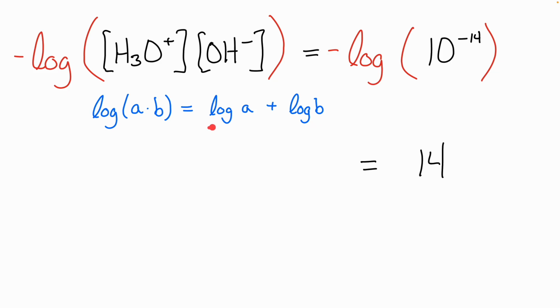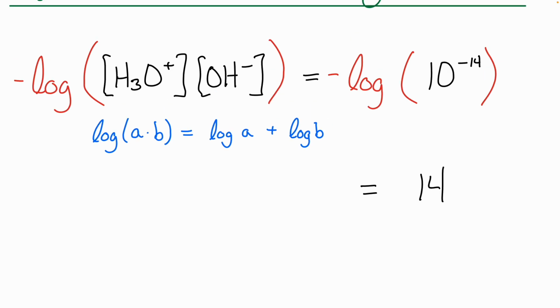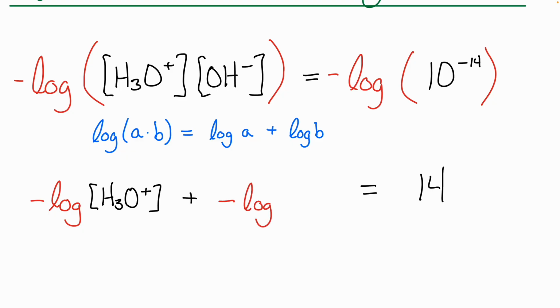I'm going to break it up. So it's the sum of both of them: the negative log of the concentration of hydronium, plus the negative log of the concentration of hydroxide.